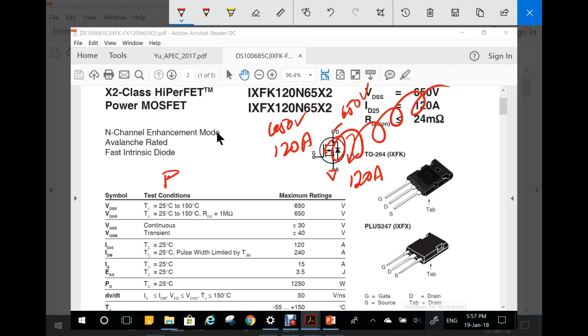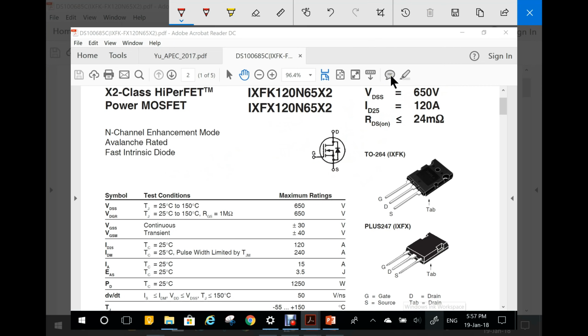Power dissipation. And power dissipation is voltage times current. Now, in the case that we are talking about, 650 volt times 120 amp is what? Is like, I don't know, about 70 kilowatts. That's a lot. That's impossible for a device like this to dissipate and transfer the energy.